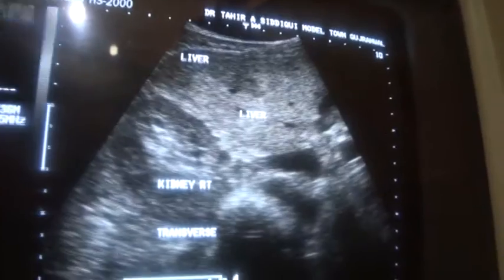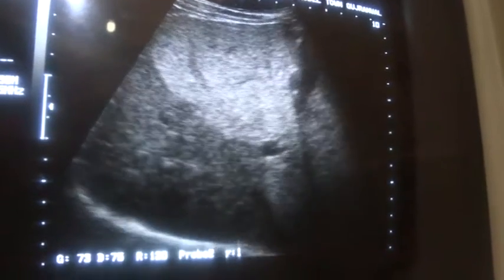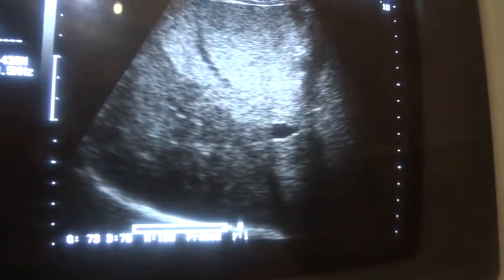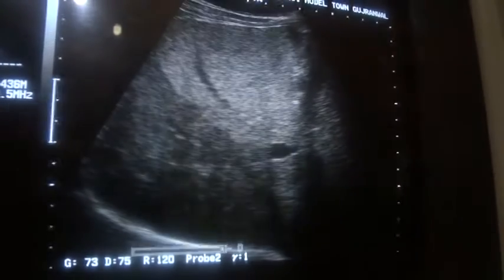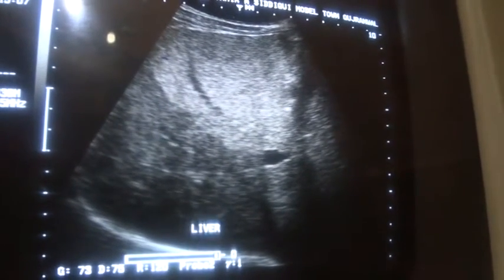And the area of the liver, now you see, this will be more clear to you. You can see that this half of the liver shows normal parenchymal echogenicity.